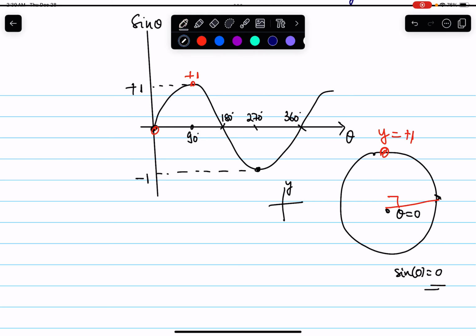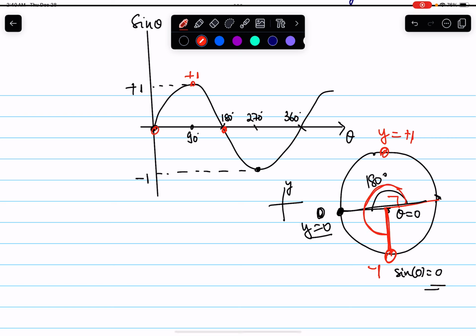Now, once again, you have another shift. So you make this 180 degrees. We see that at 180 degrees, you're back to 0. So the corresponding y value is 0. And because of that, you get 0 over here. Okay? Then at 270 degrees, the corresponding y value is negative 1. So this is 270, and you get negative 1 over here.